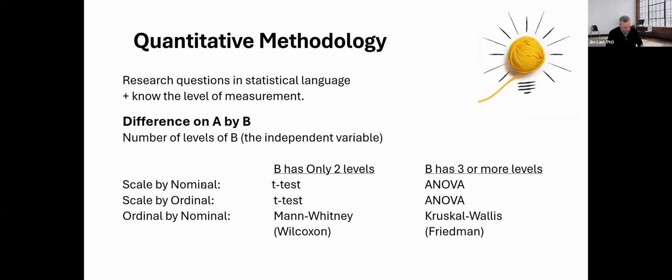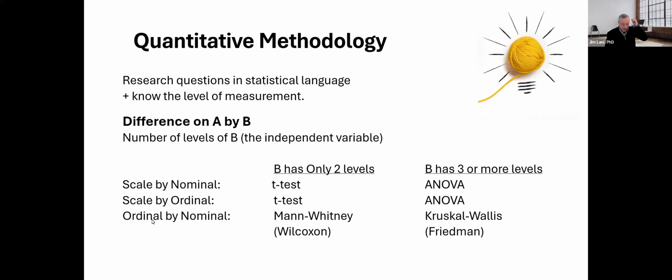When that independent variable has 3 or more levels, I'm looking at actual program satisfaction by SES: low, moderate, high. Now I'm into ANOVA land, so it's a one-way ANOVA. You can also have a scale by an ordinal, same thing, and then an ordinal by nominal.